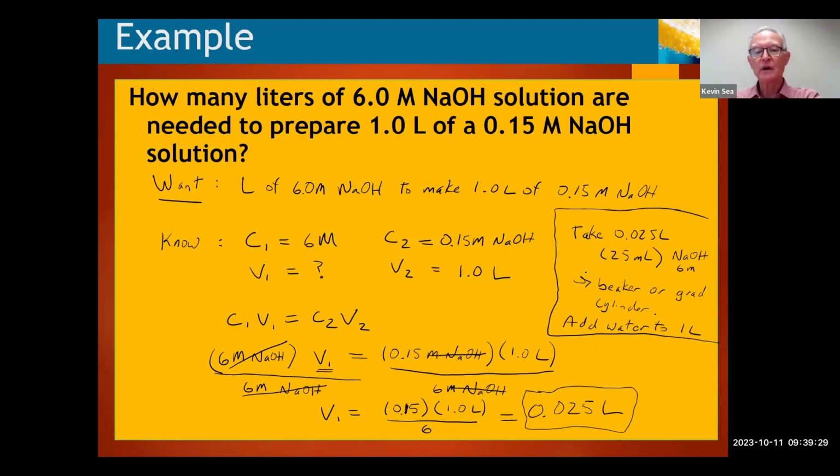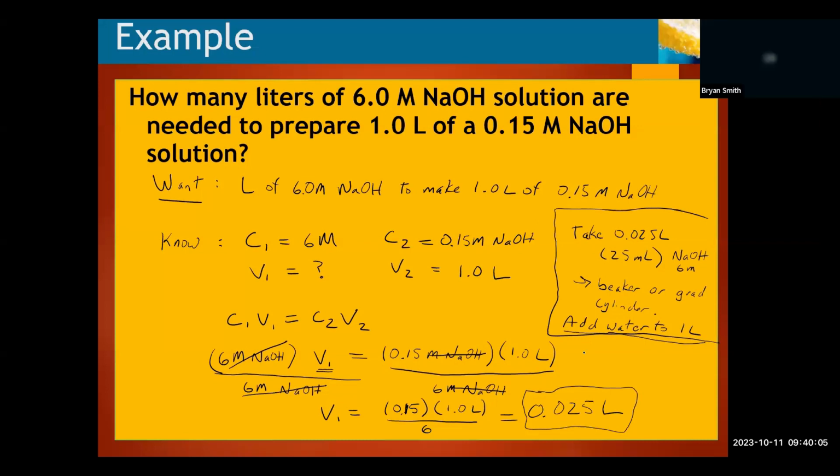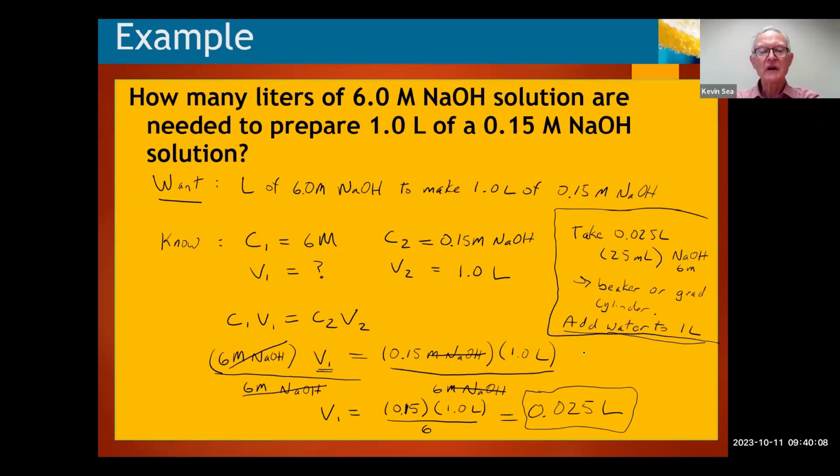The reason I make that point is that it could be a test question. Bringing things to volume by adding water is something we talked about a little in class: you always want to add water at the end to bring the solution up to the required volume. If you start with 1 liter of water and then add whatever you want to dissolve, your total volume will be something above 1 liter.